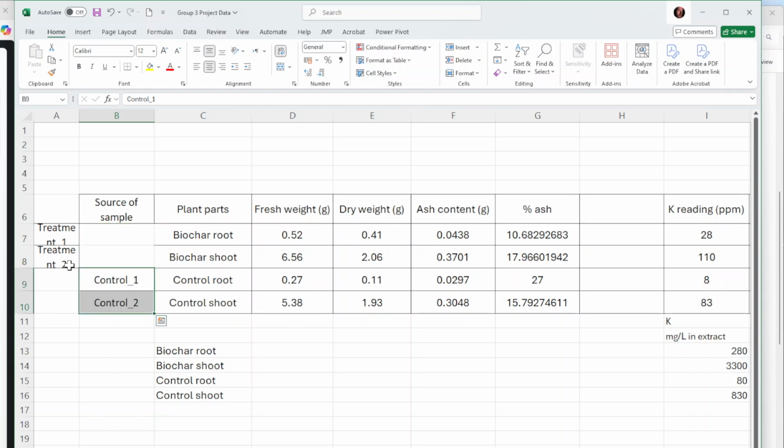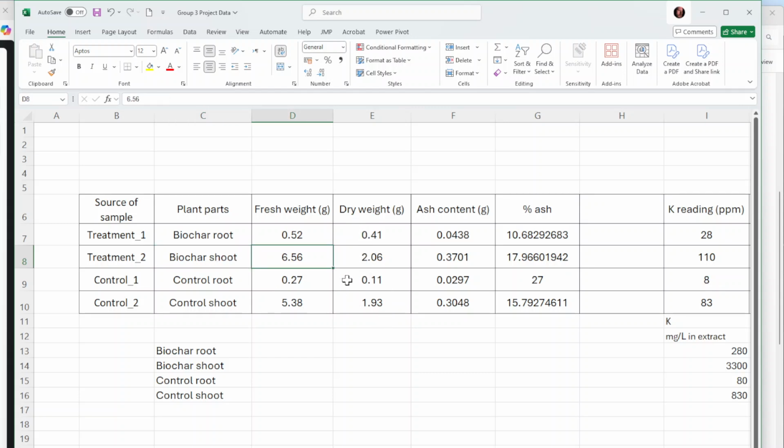The control and the treatment is the biochar. So you have biochar root, biochar shoot, control root, control shoot. And already you're showing me probably the average from all the plants here. The average from all the plants, that is fresh weight in grams, and for the biochar, fresh weight in grams here again.